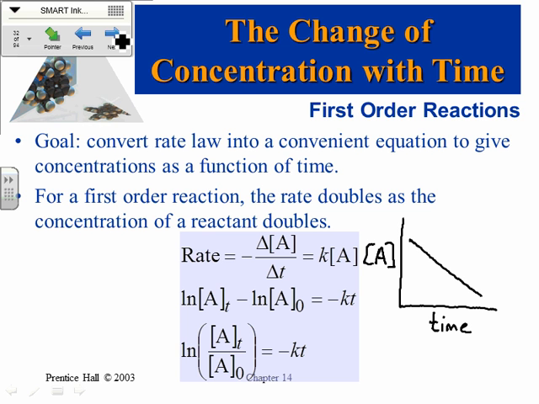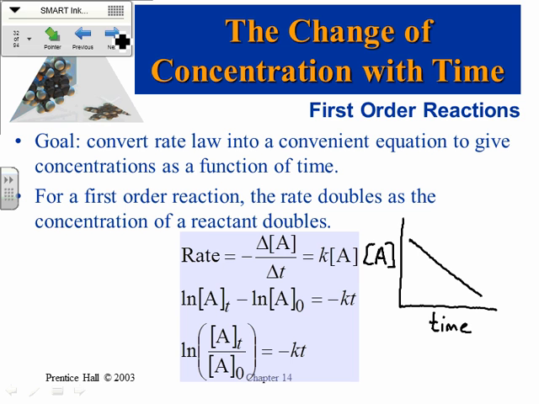The reason for that is because over time the concentration is going steadily down, and the fact that the concentration is decreasing doesn't decrease the rate at all. So the concentration of A is going to decrease at a constant rate the entire time.